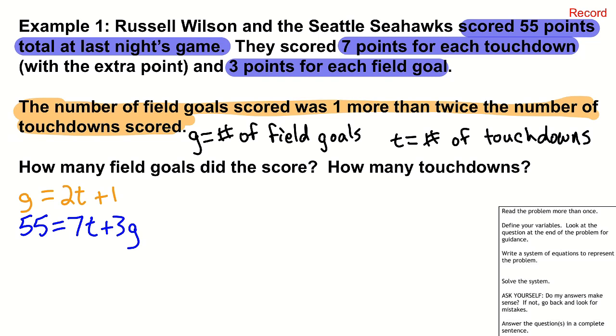So I can take all of this and I can substitute it into G in the other equation. So I have 55 is equal to 7t, so I'm just writing this equation out, plus 3g. So plus 3, and then g is equal to 2t plus 1. Questions about that substitution step?